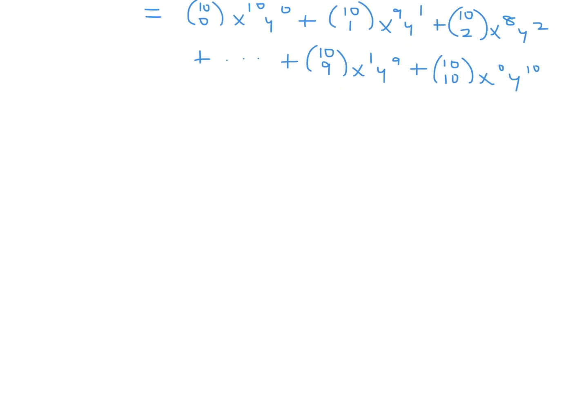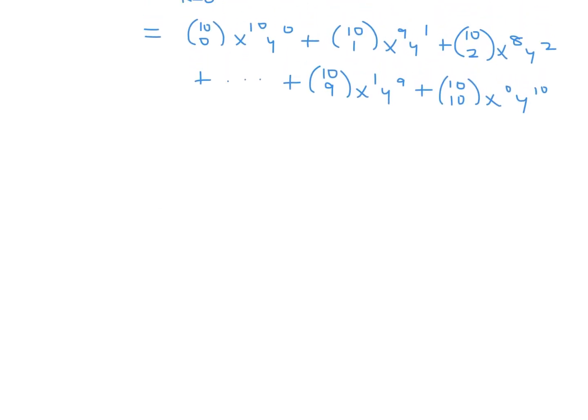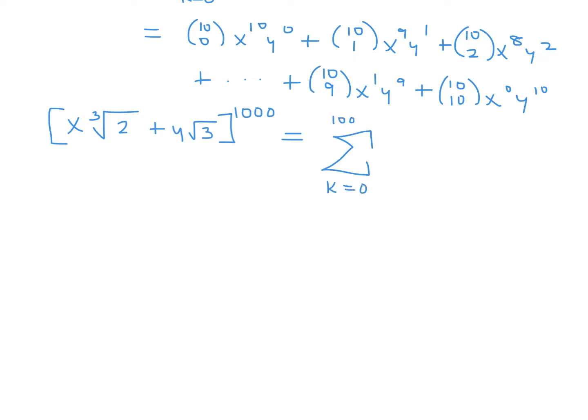Okay, so that's basically what we're going to do, but we're not doing it with x plus y, we're doing it with this weird thing that they gave us that I will have to expand using the binomial theorem. So that would basically be the sum from k going from 0 to 1000 this time of 1000 choose k.